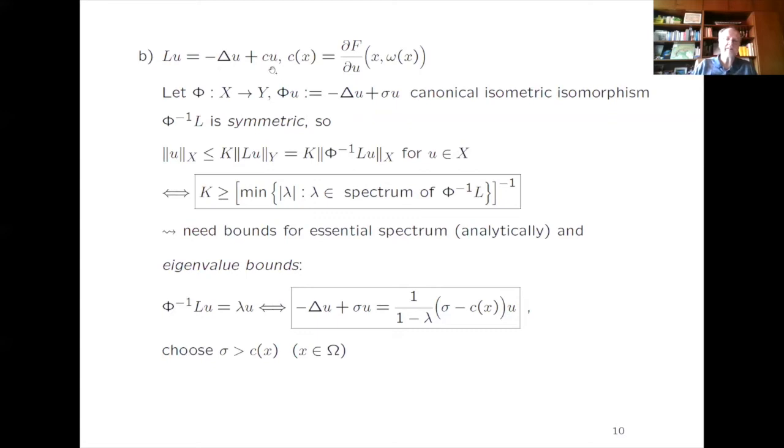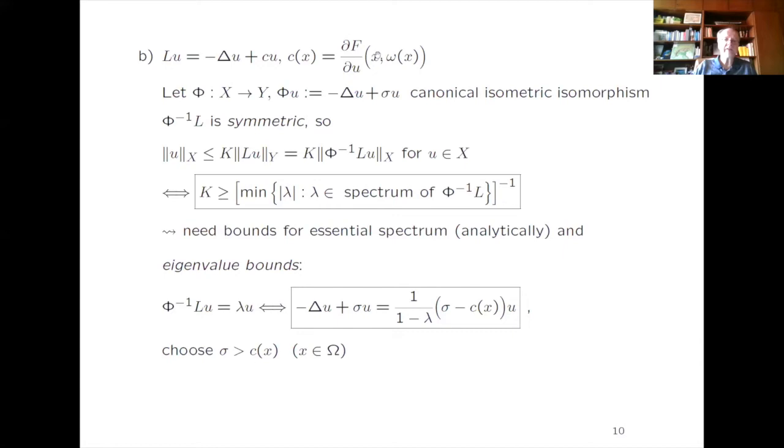For those, depending on how the domain looks, we can calculate the essential spectrum by Fourier transformation. For example, if this is a strip type domain, or a quarter space, or a full space, in these cases it is always possible to calculate the essential spectrum of this operator with omega replaced by 0 by Fourier transformation.